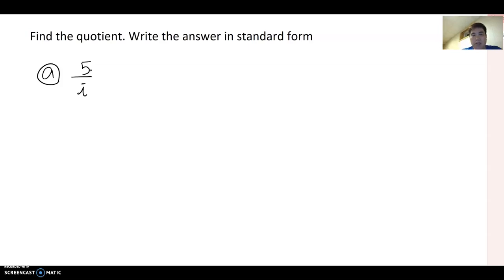It's because at least if we have a real number, especially a rational number, on the denominator, we can analyze it easily. In this case, we have an i value on the denominator, so we cannot make any division. Therefore, we have to make this number a rational number.